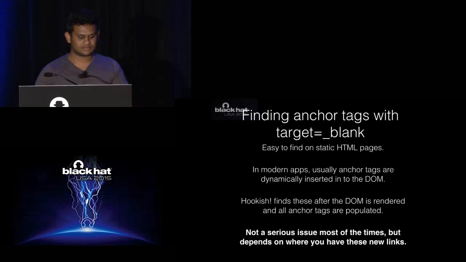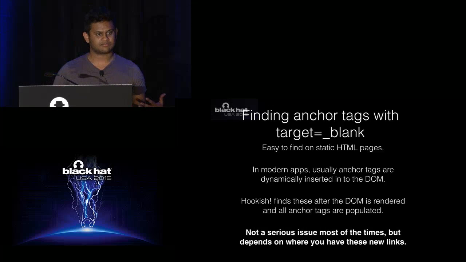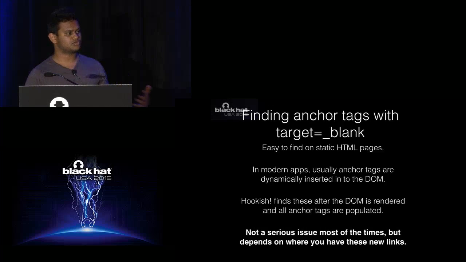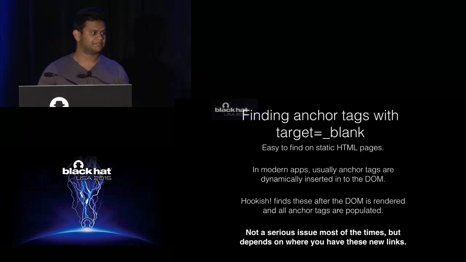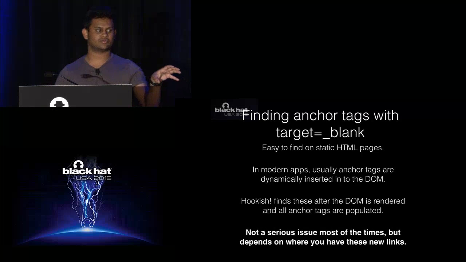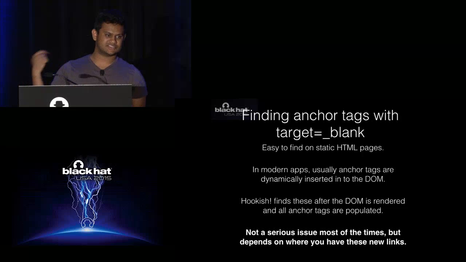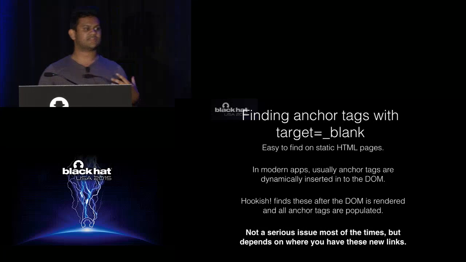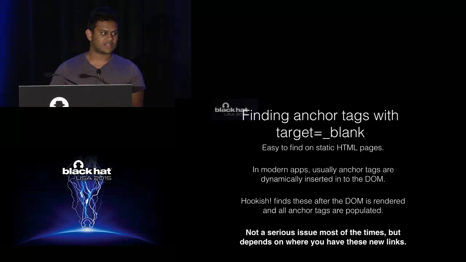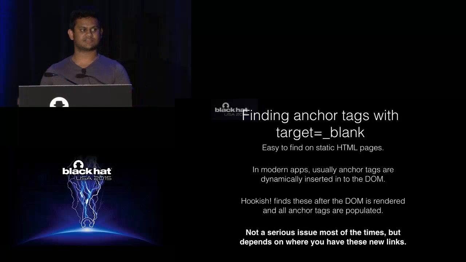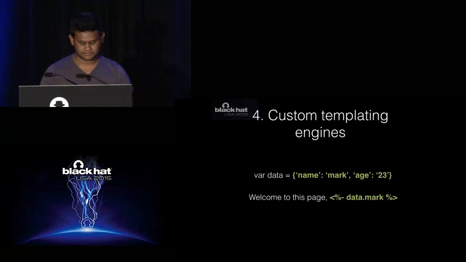But static analysis is pretty bad at doing that, because in most cases I've seen, developers have the links already populated in the HTML, and then they have some jQuery code which runs on window.load and tries to inject underscore blank and rel equals noreferrer on load. So here you need to dynamically parse the DOM and then get the results. This is possible only by using dynamic analysis tools like Hookish.